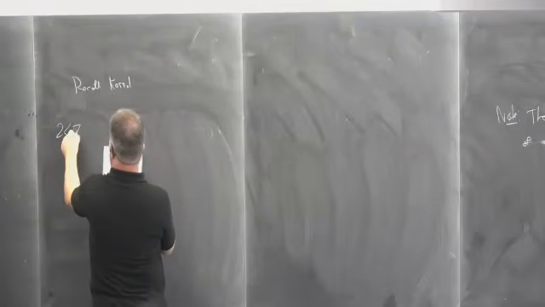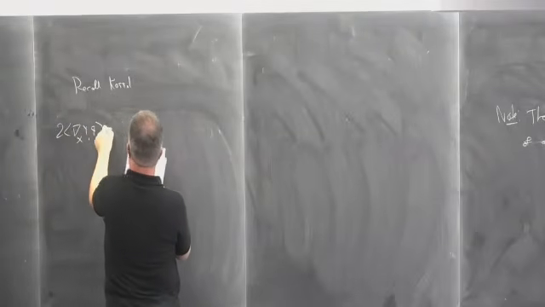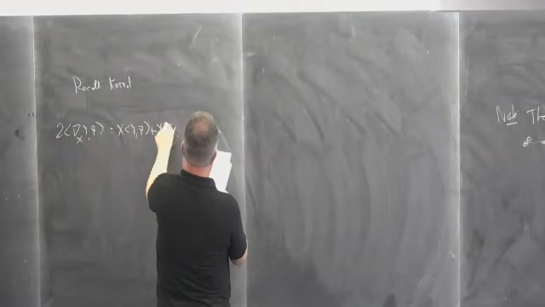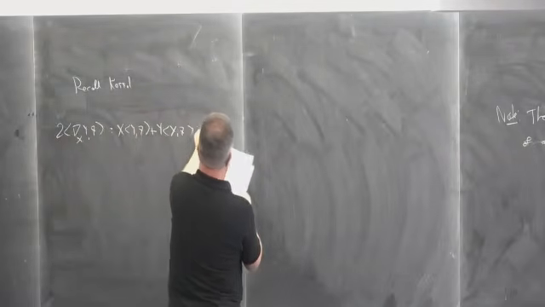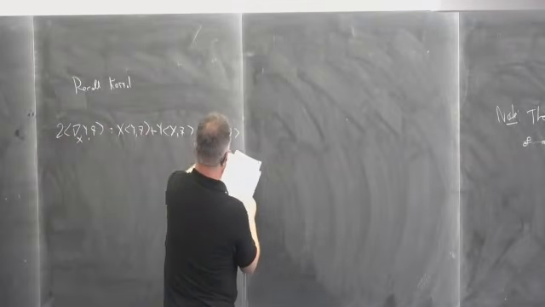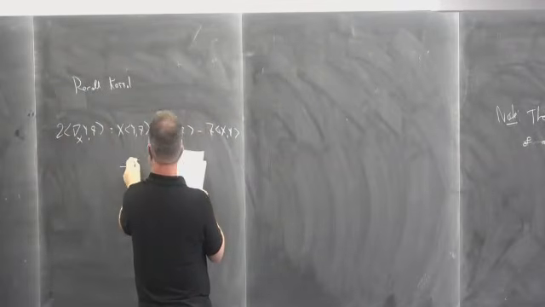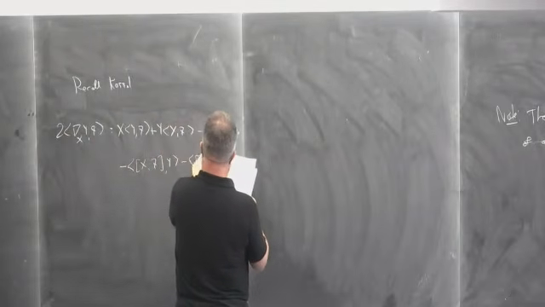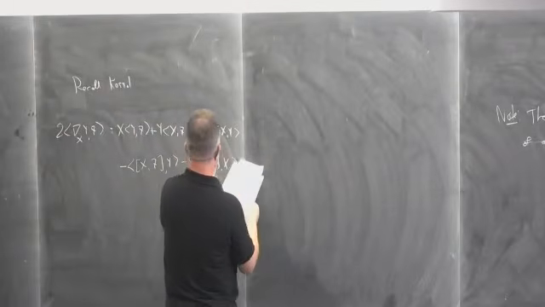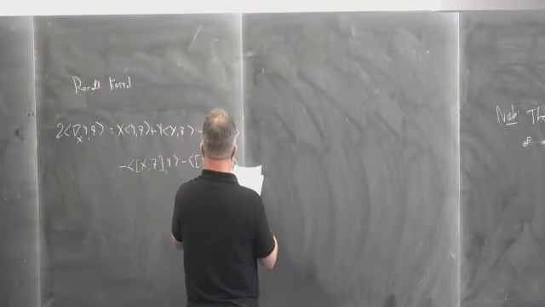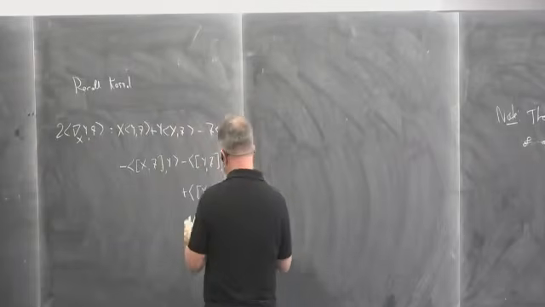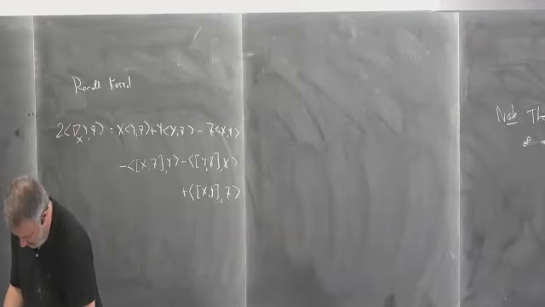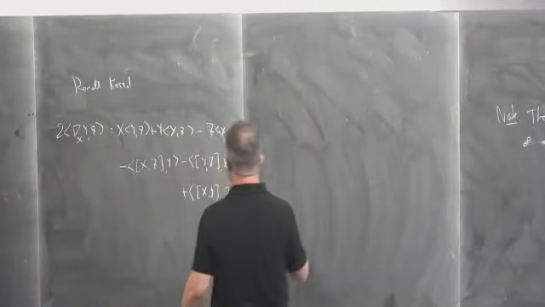It says that 2 <nabla_X Y, Z> is X<Y,Z> plus Y<X,Z> minus Z<X,Y> minus <X,[Z,Y]> minus <Z,[X,Y]> plus <Y,[X,Z]>. Okay, so that's a formula that the Levi-Civita connection has to satisfy, and I argued that that uniquely determines it.